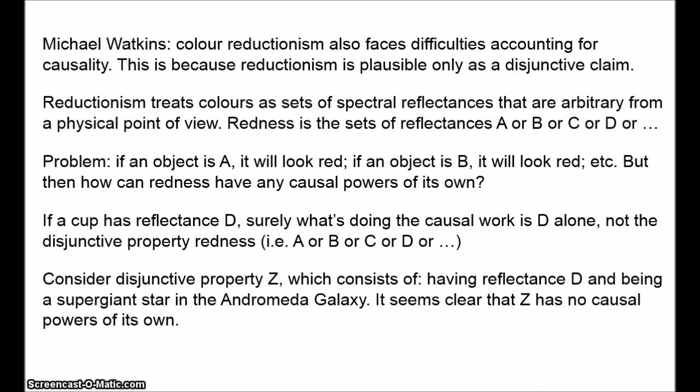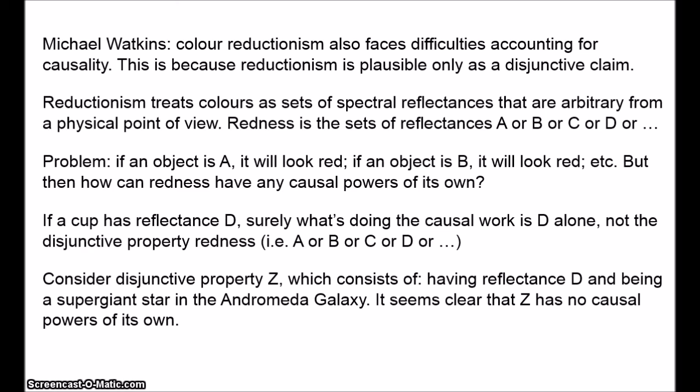So Watkins says it's not legitimate to attack primitivism for problems accounting for causality because the only plausible reductionist option faces the same problem. This is basically the same problem as Kim's argument, if we imagine that disjunctive properties are higher level properties. So this is essentially the same kind of problem.